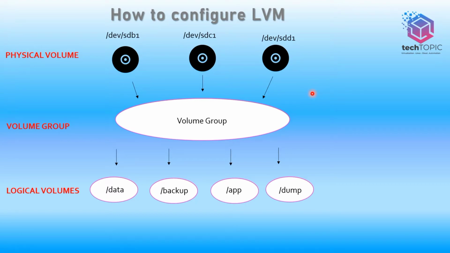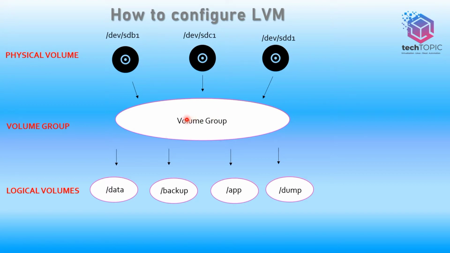Okay, here is the higher level overview of LVM. First, starting with the physical volumes, these are the hard disks attached to a system. For example, I have taken here /dev/hdb1, hdc1, hdd1, 3 separate hard disks. Those hard disk spaces will be collected in a pool, which is called a volume group.